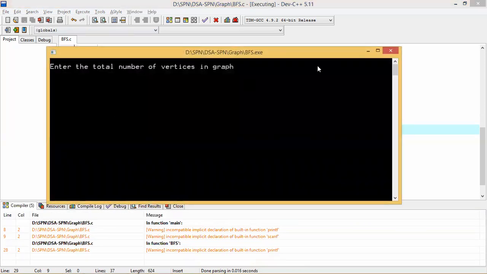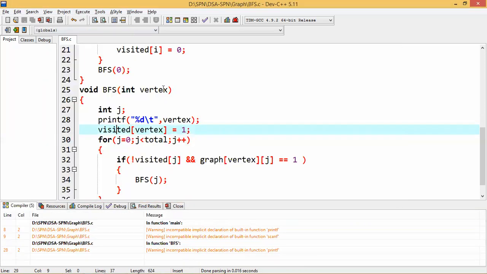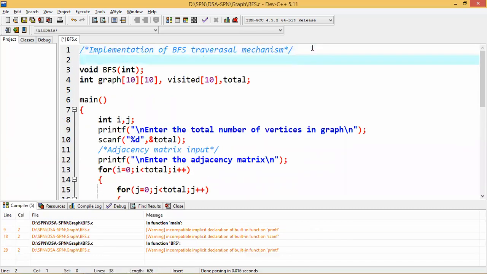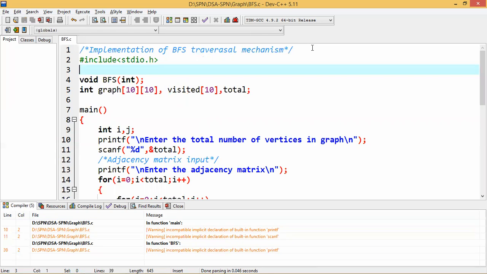Now it's okay. So we have not given the prototype here, so let us give that one.